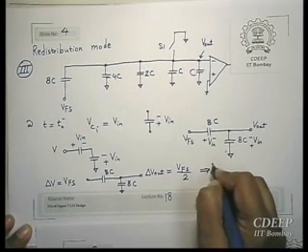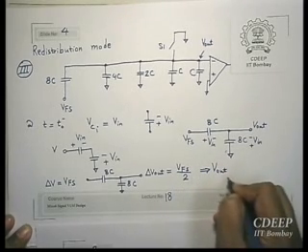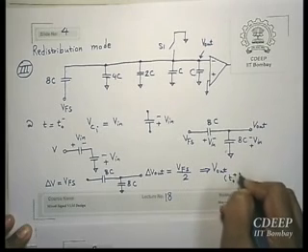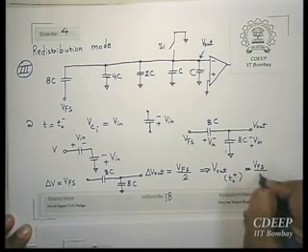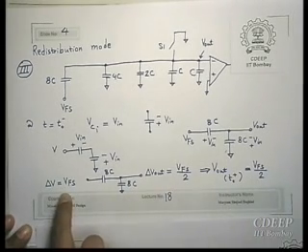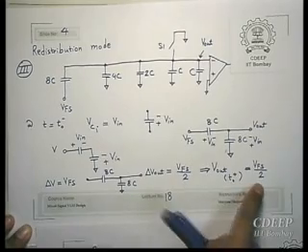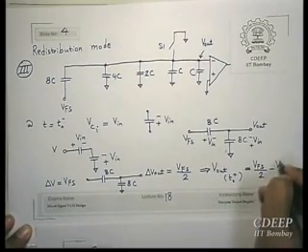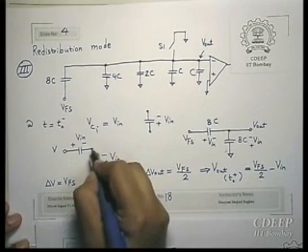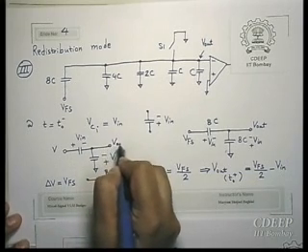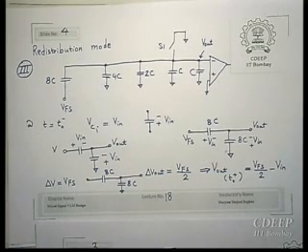Therefore, V out at T0 plus after charge distribution will be delta V out, which is V full scale by 2, plus the original value, which was minus V in. So the original value of V out was minus V in. Now you will get V full scale by 2 minus V in.